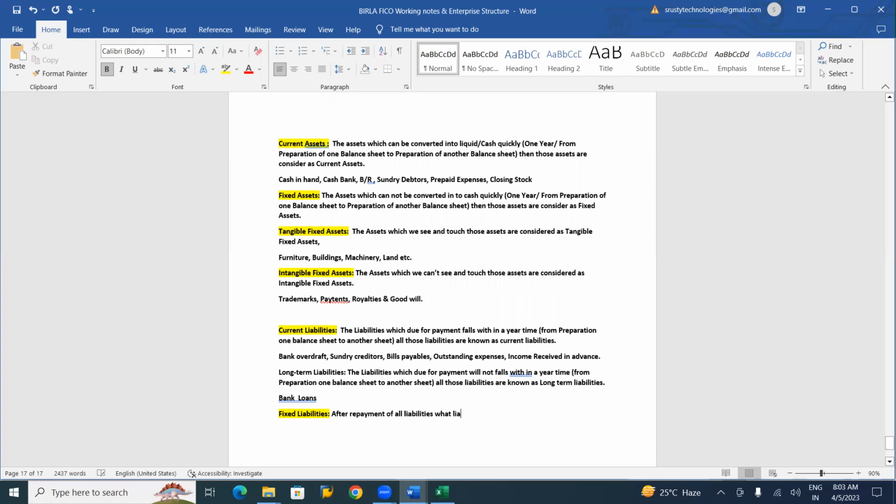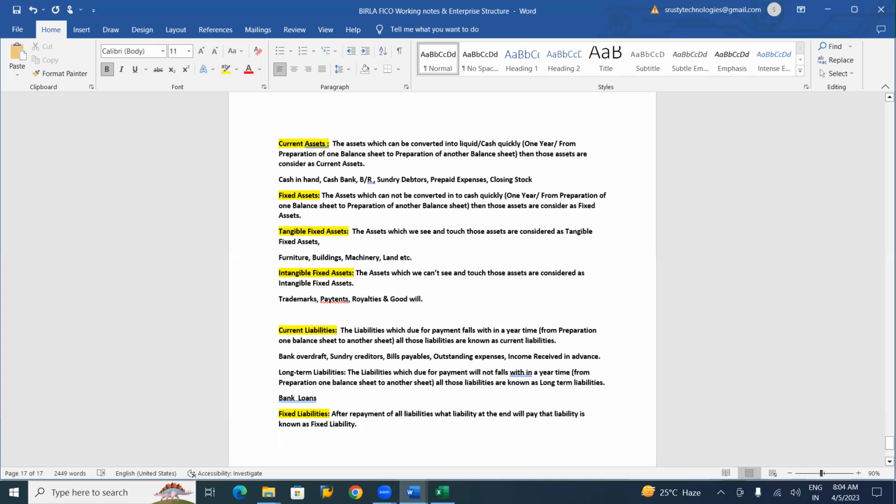For example, first we will make the payment of current liabilities.